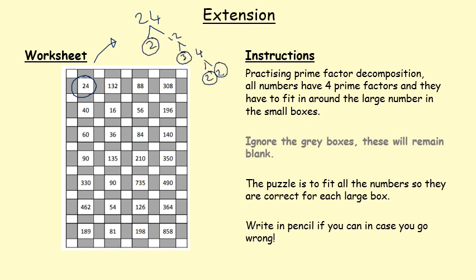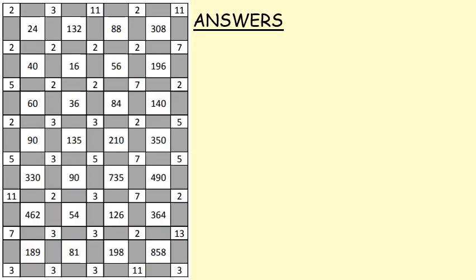Bearing in mind this is nothing to do with what we're just doing apart from the factor trees, and what you're going to do is put those numbers around the boxes, so like this, but not necessarily here, and then they need to meet up with the prime factors of this number. So you're going to probably write in pencil and just see if you can work out this puzzle. It's quite tricky, it's going to need a bit of resilience. Have a go. Okay, and the answers are up here.